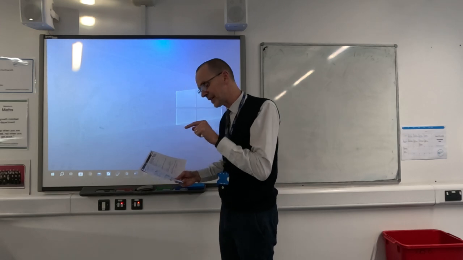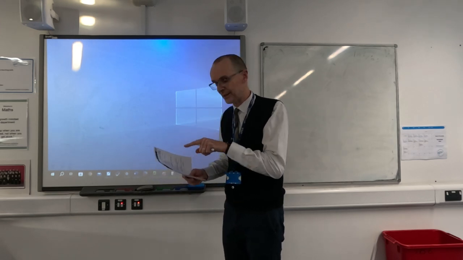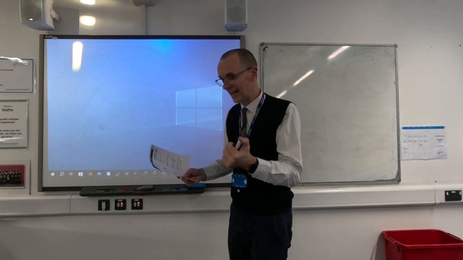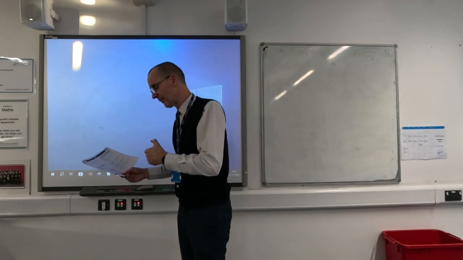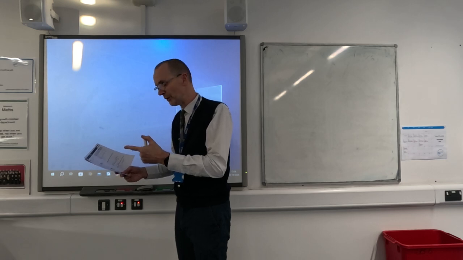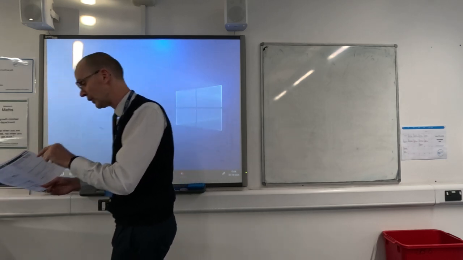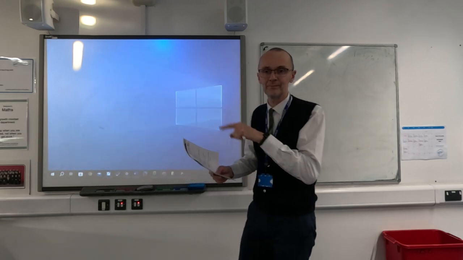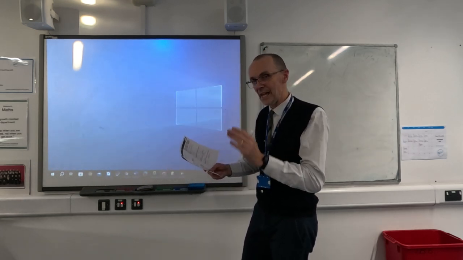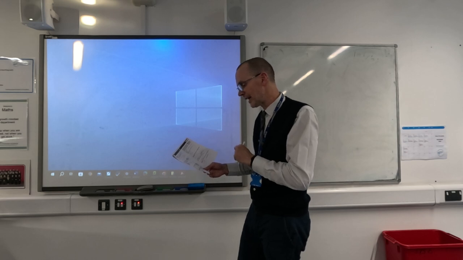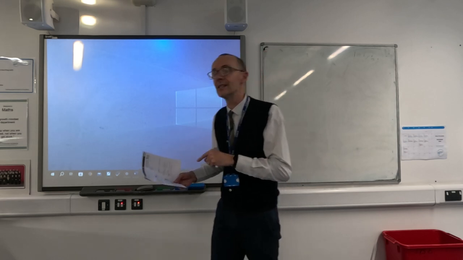So when I look at those sorts of networks, I think about nodes and arcs. They are also known as vertices and edges. So vertices and nodes are just the places in the network, and edges or arcs are the roads joining the places.